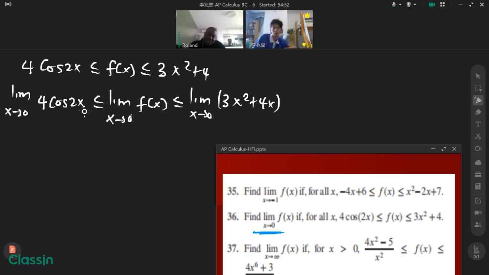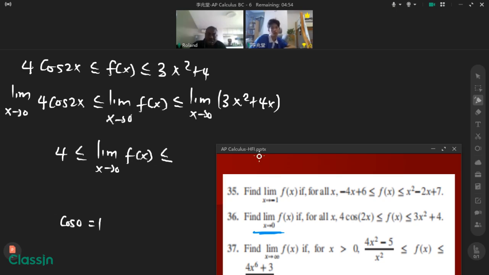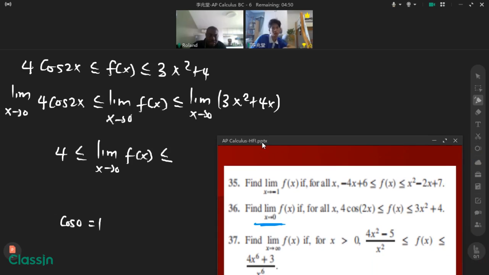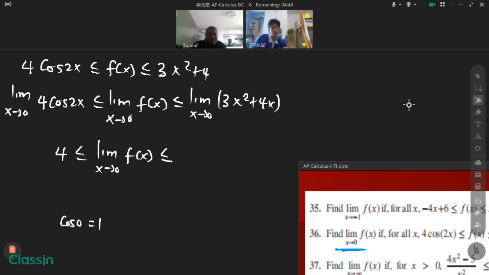As x approaches 0, cosine 2x approaches 1 because cosine 0 is 1. So the left-hand side becomes 4. This is the limit as x approaches 0 of f of x. And the right-hand side, I beg your pardon, this is 4, not 4x.